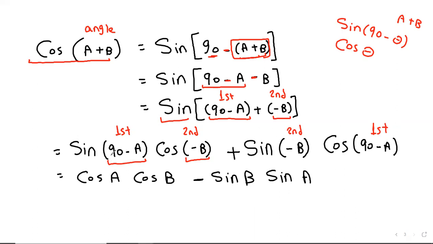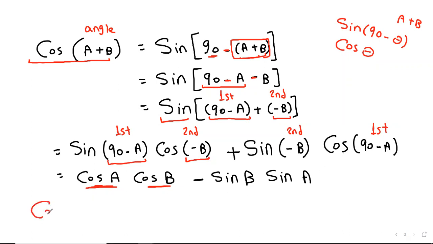Sine 90 minus A is cosine A. Cosine negative B, the cosine cancels the negative, so it's cosine B. Sine negative B is equal to negative sine B, and cosine 90 minus A is going to be sine A.